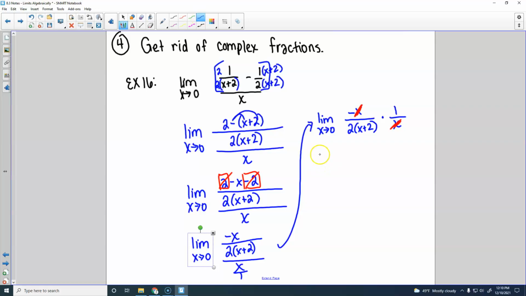And that will leave me with negative 1 over 2 times x plus 2.